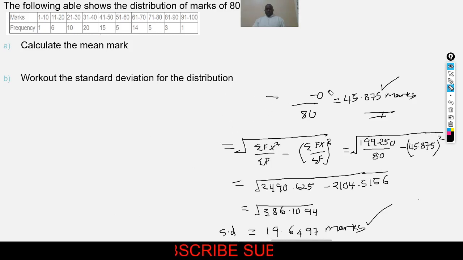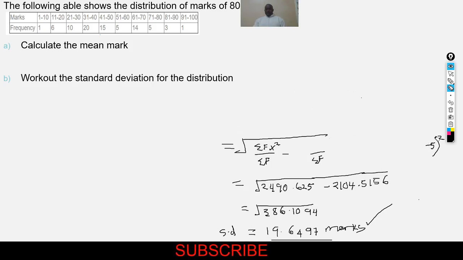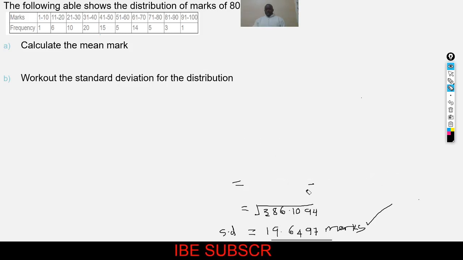You are using assumed mean, that is, you simplify it, and also group data without using the assumed mean, how to find the standard deviation of all those.